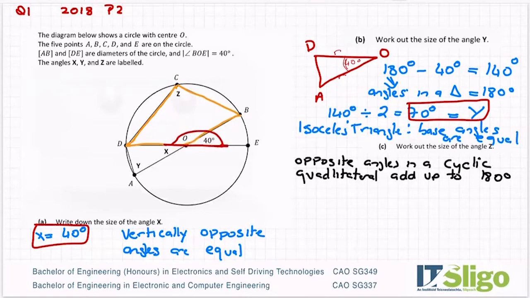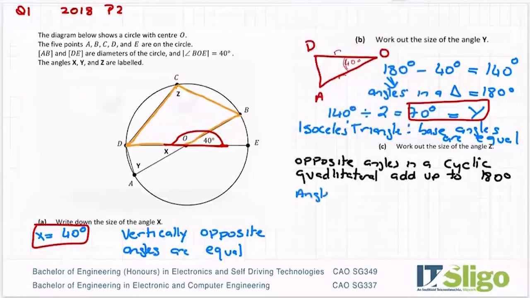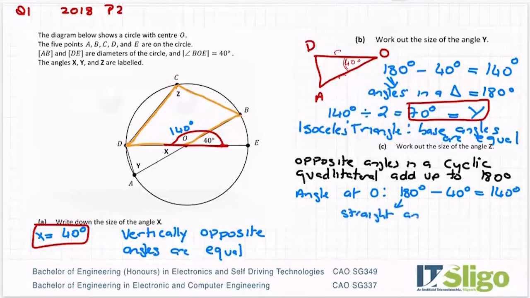So the angle at O is 180 degrees minus the 40 degrees, so it's 140 degrees. So this is a 140 degree angle here. I'm going to just put straight angle there because that's where I got the 180 degrees.